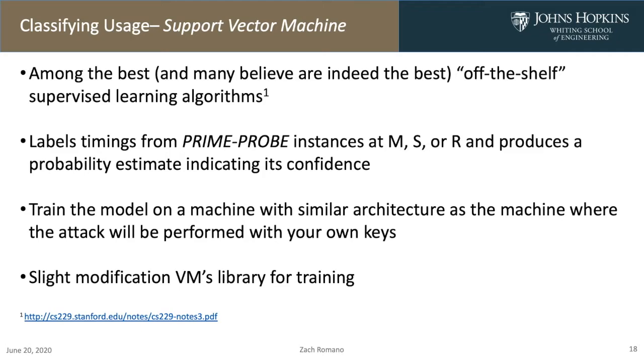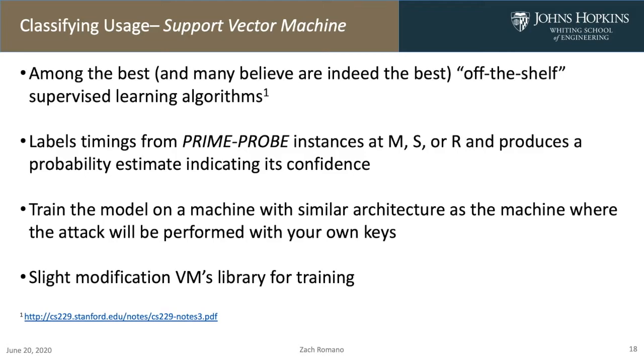So now we're going to talk about how we actually analyze which path was taken in the square and multiply algorithm. We're going to do this using a support vector machine. A support vector machine is believed to be one of the best off-the-shelf supervised machine learning algorithms. They're very widely used and believed to be pretty easy to implement.